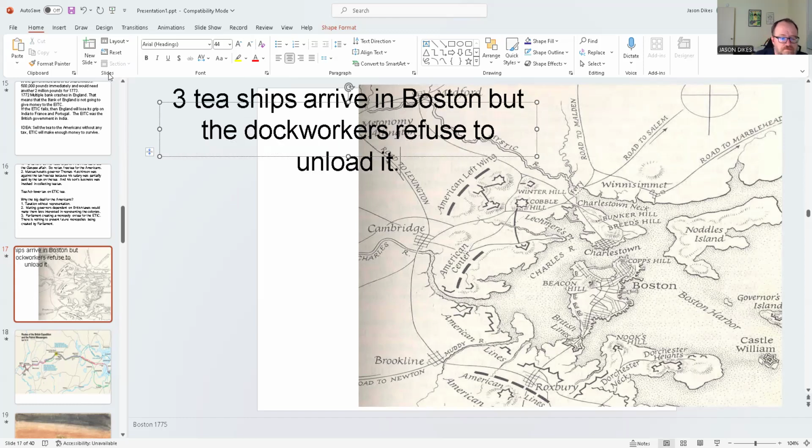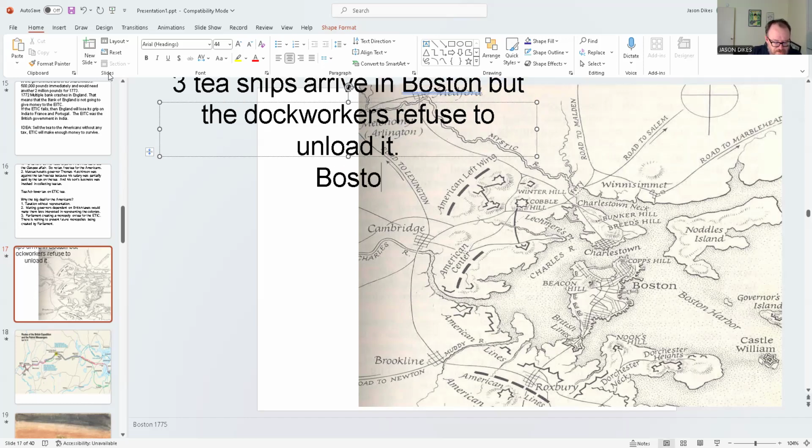The dock workers, many of whom were Sons of Liberty, refused to unload it. So, well, the Sons of Liberty will unload it another way. And this brings us, of course, to the Boston Tea Party.